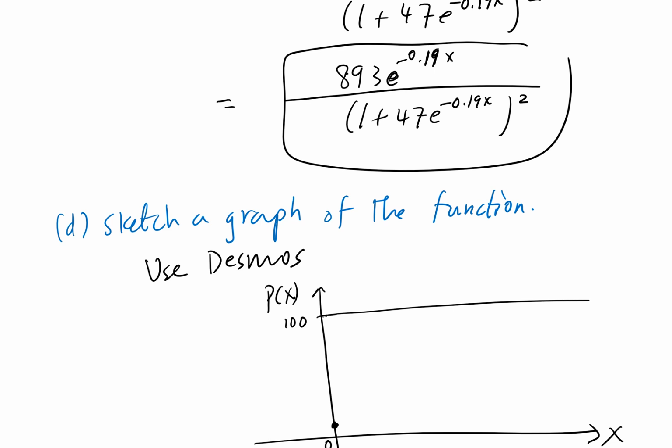That number, if you draw the line like this, the graph will grow exponentially like this. It gets closer and closer to 100. The more you travel to the right side, the closer it gets to 100.